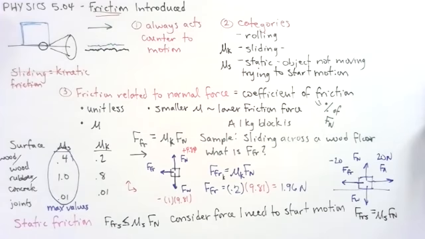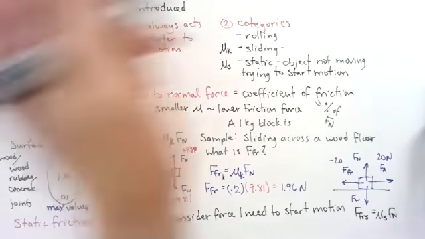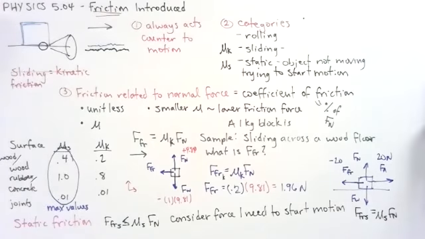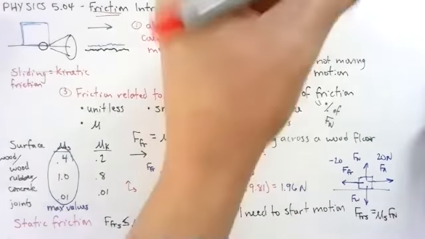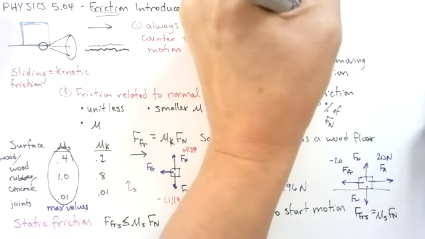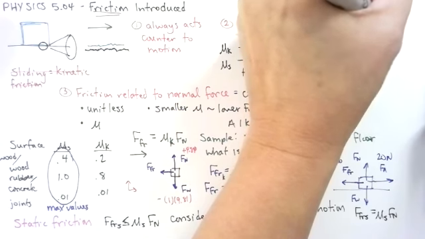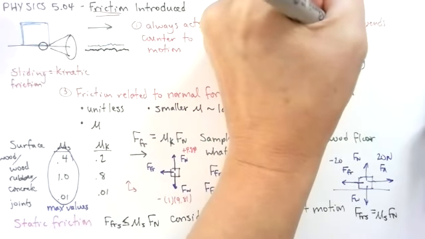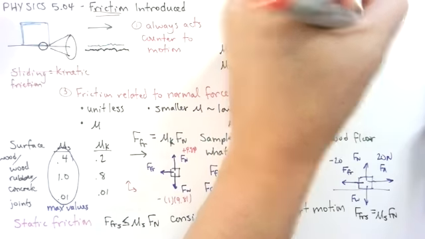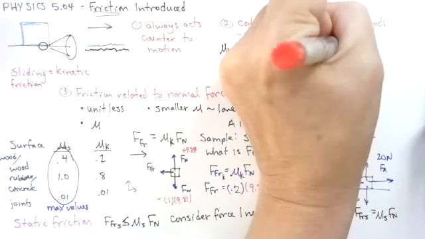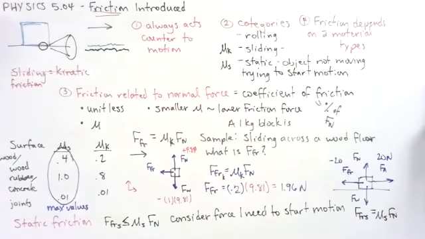But one of the takeaways, friction depends on the material. Let me go with red. So takeaway number 4: friction depends on the two material types.